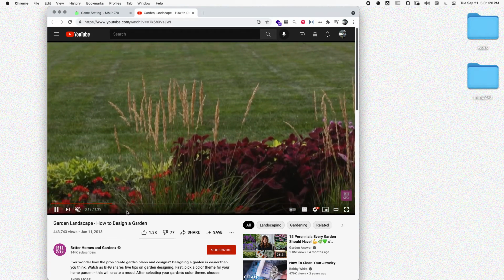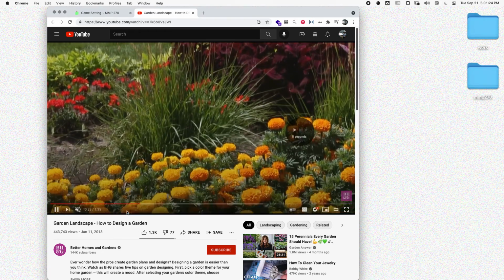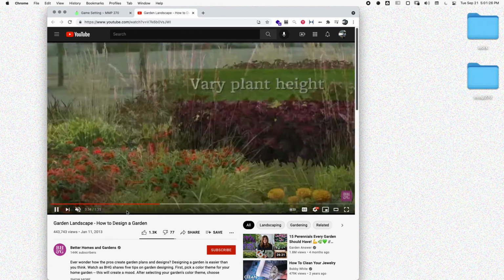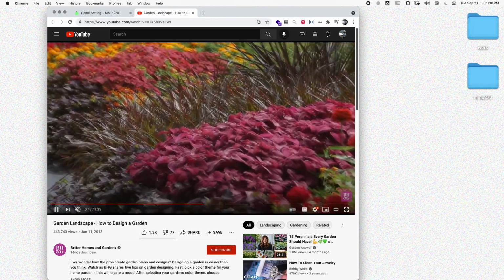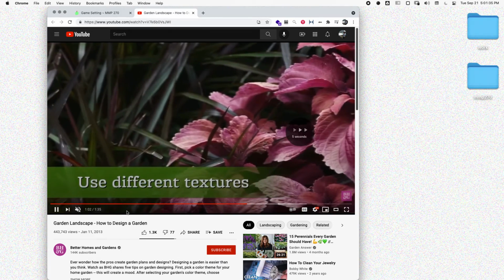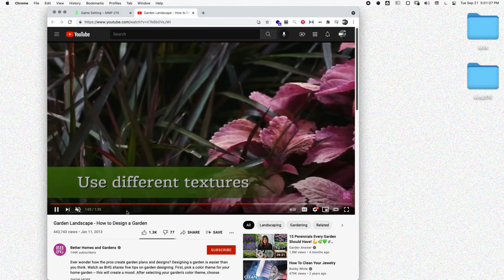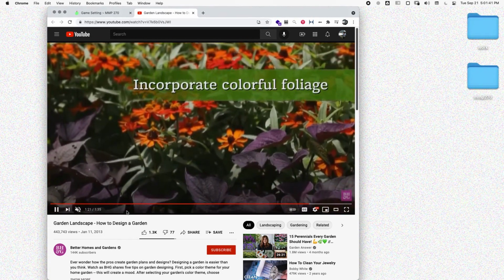So thinking about the color theme, these contrasts between the greens and the reds and the oranges, varying height. You wouldn't necessarily think of it, but the real world has things that are lots of different heights, different textures. That's another way to add variety to your scene. Colorful foliage, kind of the same thing with colors.